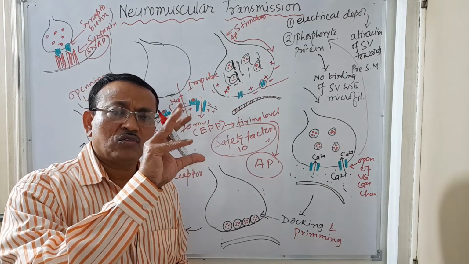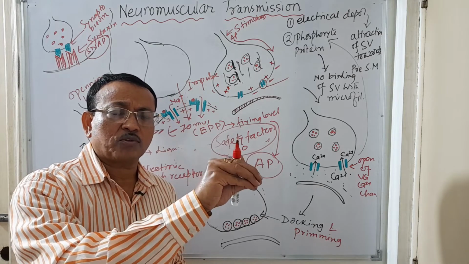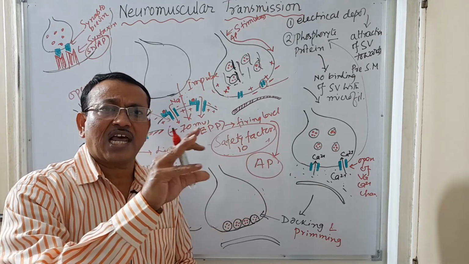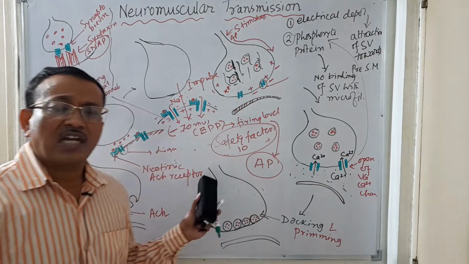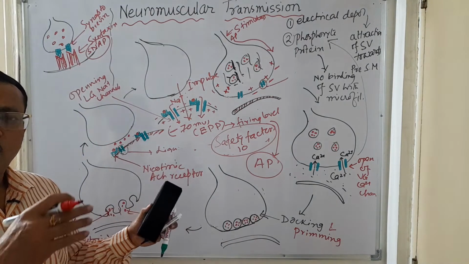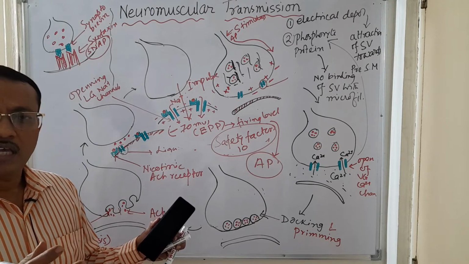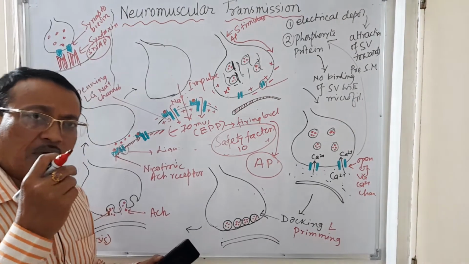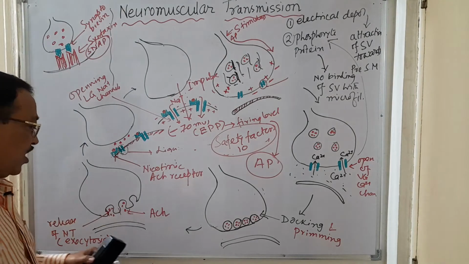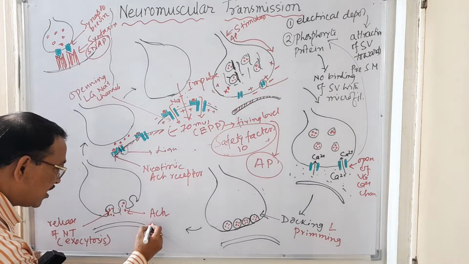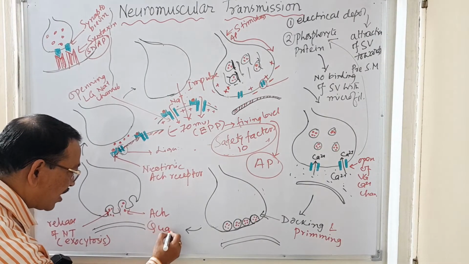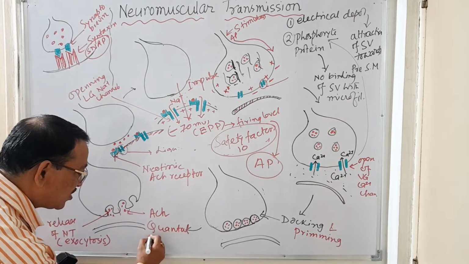Switched on, switched off, switched on, switched off. There is a pulsatile release of acetylcholine, and this quantal release of acetylcholine is known as Dale's phenomenon. So this acetylcholine release is the quantal release.